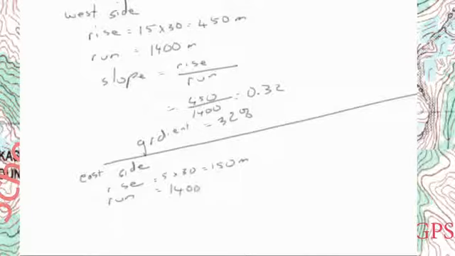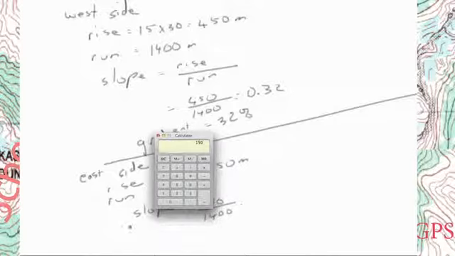1,400 meters. Therefore, the slope is equal to 150 divided by 1,400. And that's going to equal, calculator, clear, 150 divided by 1,400 equals, let's say 0.107.